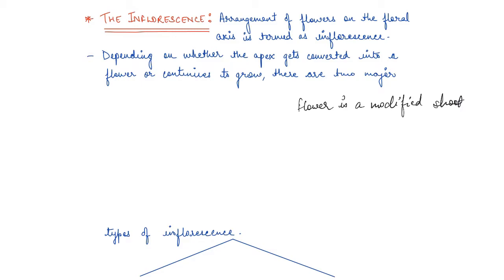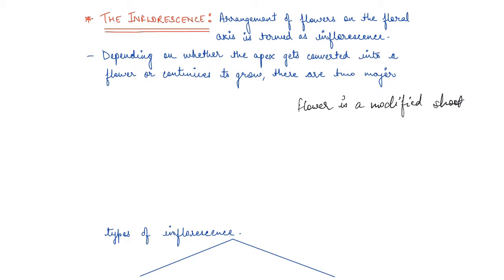So the internodes that usually elongate, those do not elongate and the axis gets condensed. And that apex basically produces different kinds of floral appendages, right? And these are basically placed laterally on the axis instead of producing leaves, right? So when a shoot tip transforms into a flower, it is always solitary. Remember that it is always solitary.